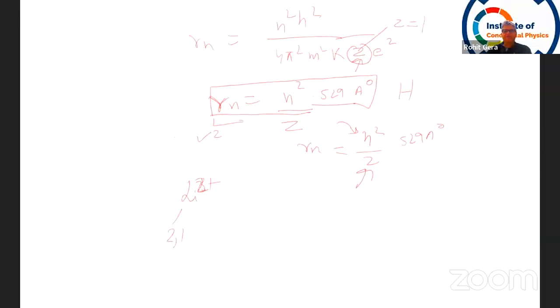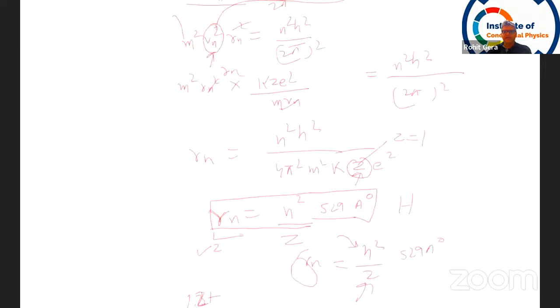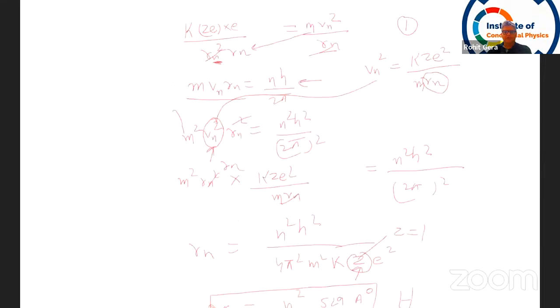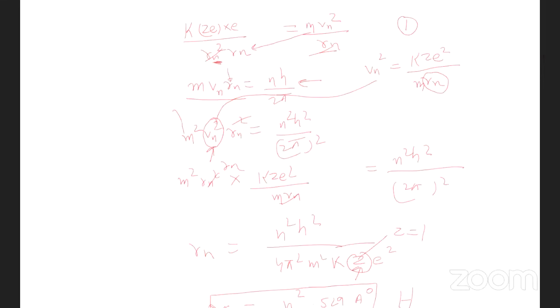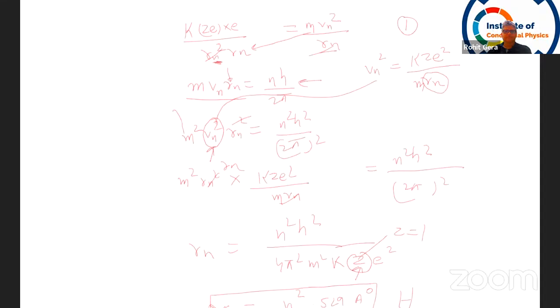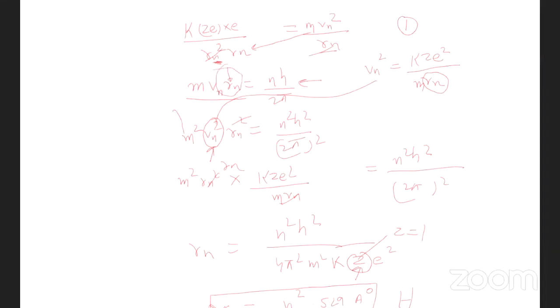Now, if you know the value of R, put it back here in the value of Vn, which is this. Put the value of Rn here. You will get the velocity. You had two variables, velocity and radius.